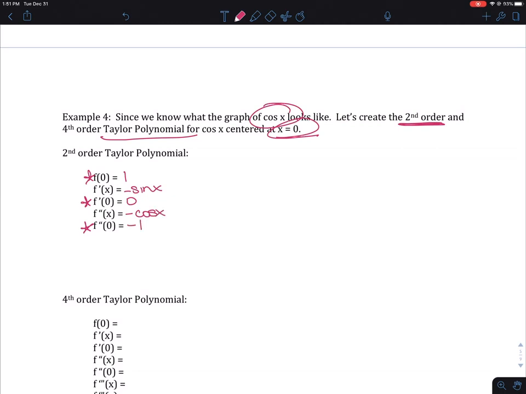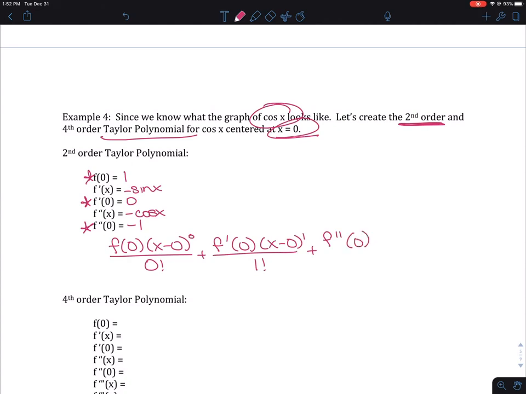So I write my polynomial. f of 0, x minus 0 to the 0 exponent over 0 factorial, plus f prime of 0, x minus 0 to the first power over 1 factorial, plus f double prime of 0, x minus 0 to the second power over 2 factorial.